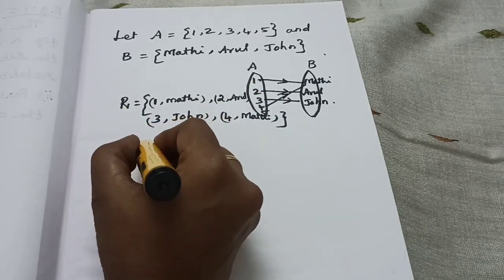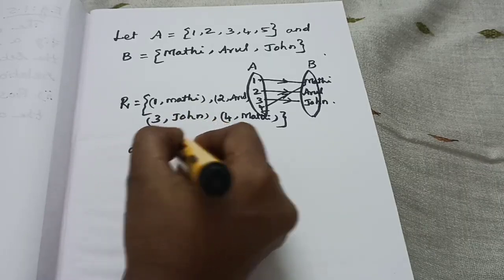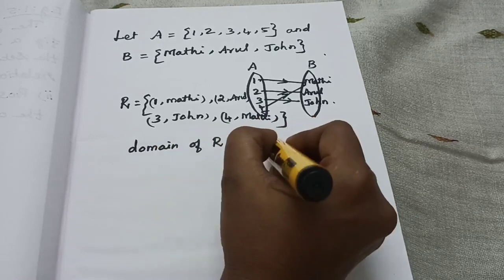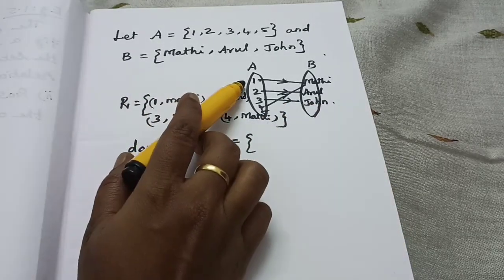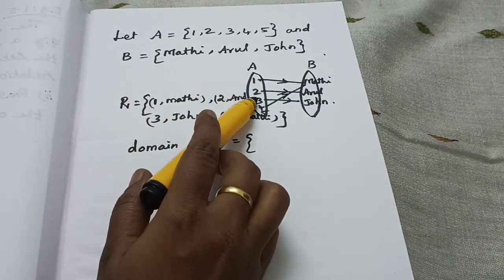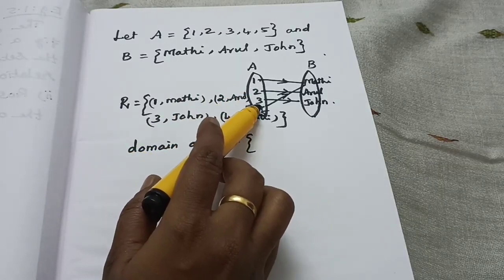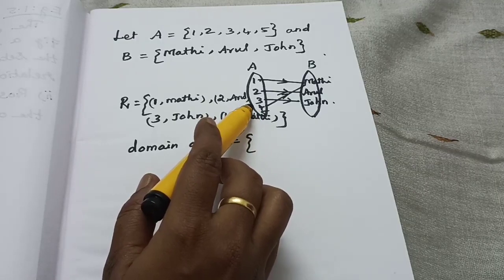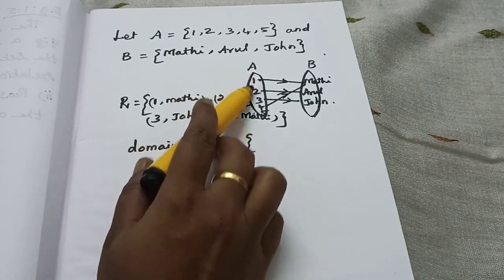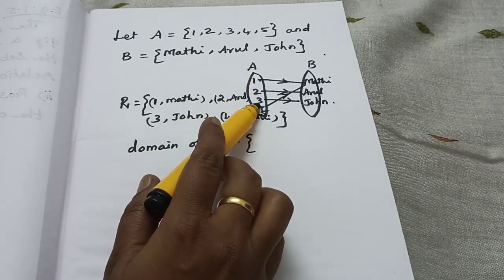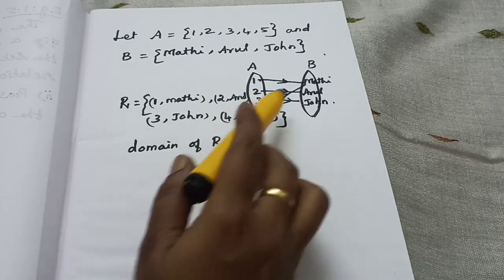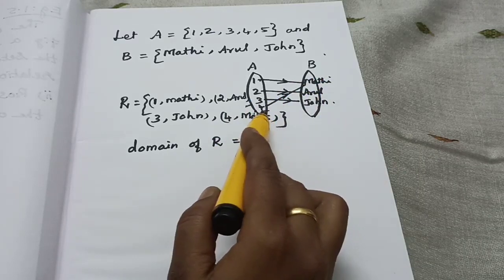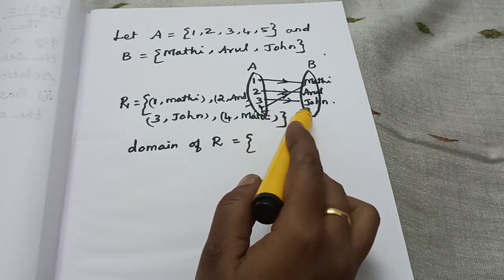Here you say, then which is the domain of R? Domain of R is equal to, which is the domain here? You say 1, 2, 3, 4 is the domain. Okay, then the domain of the relation is X belongs to A for some Y belongs to B. Okay, then here 5 we did not map.